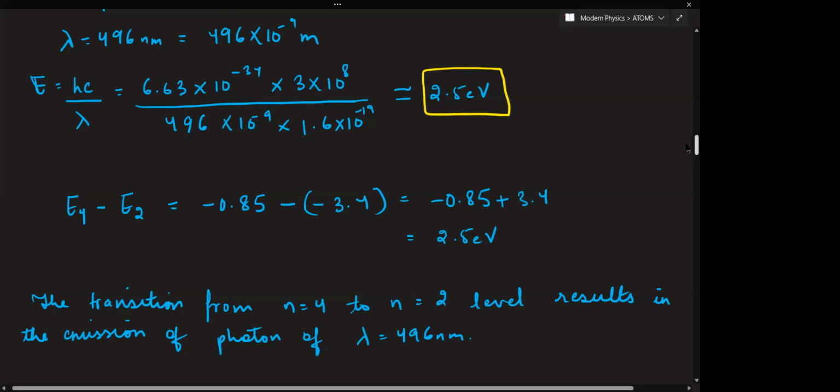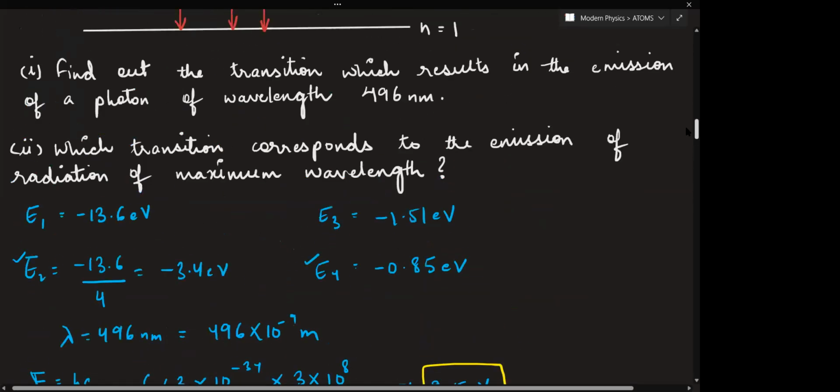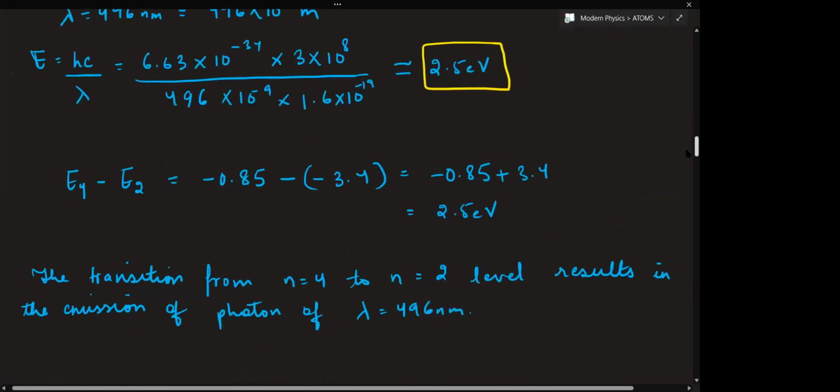If you take the rest of them, E3 minus E1, or E4 minus E1, these will not result in 2.5 electron volts. So these energy transitions will not give us this wavelength. For this wavelength, we have to find the energy as 2.5 electron volt only. The energy transition between 4 to the second is giving us 2.5 electron volt.